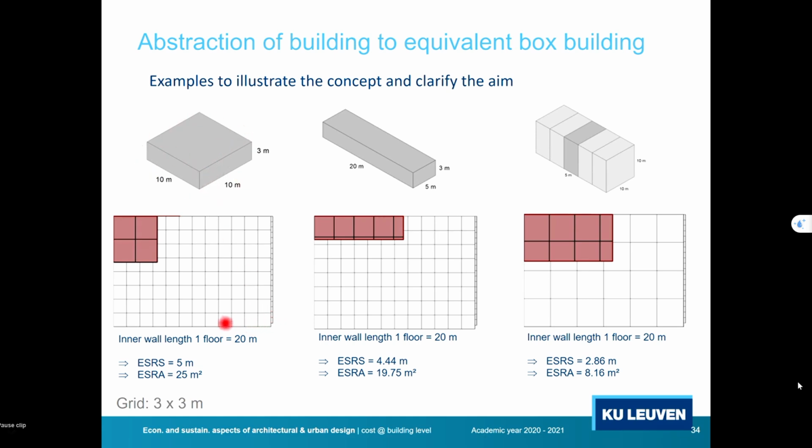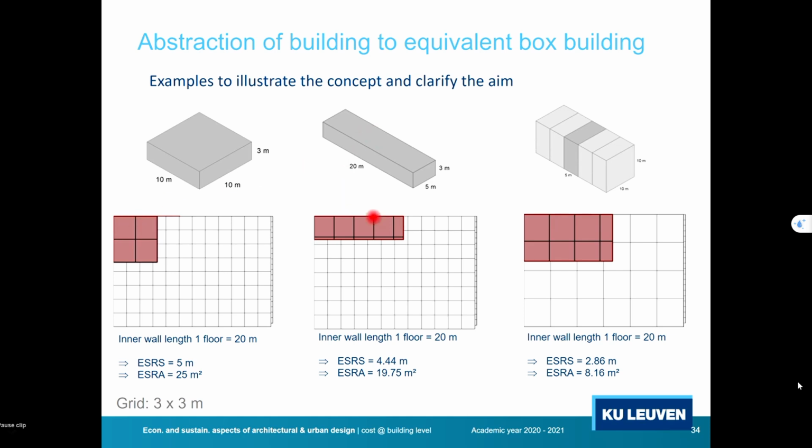Well, if I now want to calculate or draw an equivalent box building with equal square rooms, where the total length of my internal walls for these square rooms equals the real internal wall length, I can calculate with the formulas from the previous slides these 2 lengths, the length of one room and then the area. And it's 5 meters, and then the area is 25.